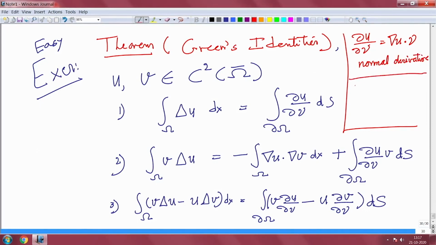And grad u, you already know this, let me write it once: (du/dx_1, ..., du/dx_n), and the Laplacian of u is the summation of d squared u by dx_i squared, i equal to 1 to n.